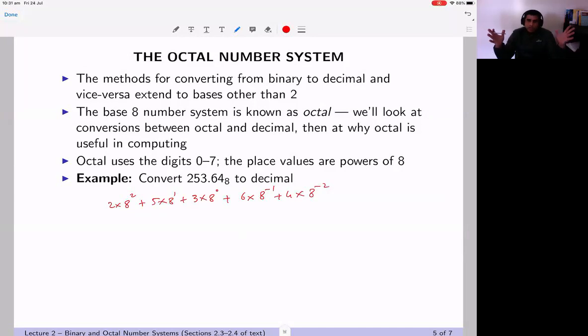The place value system, exactly. So if I want to convert this number into decimal, naturally, just imagine whether the number you would get would be smaller than 253.64 or bigger than 253.64 if you expand that in base 10. I can't hear you if you're saying anything because it's muted.